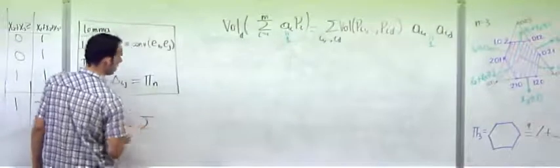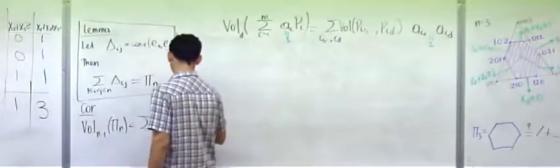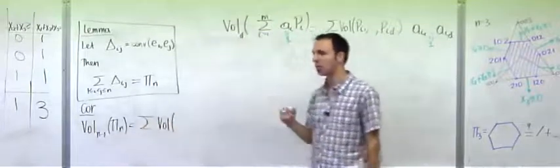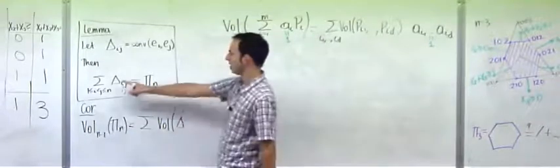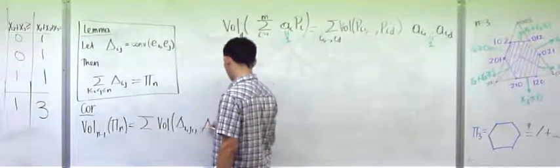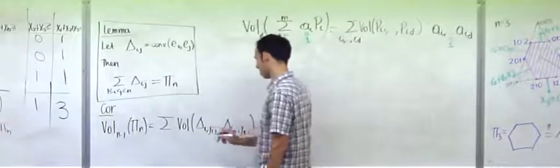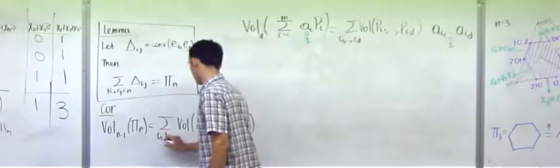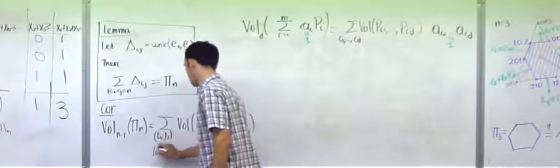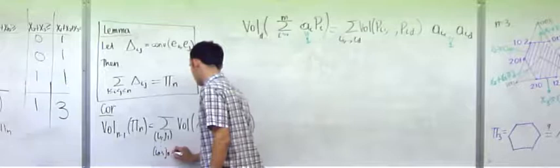So I get the sum of the mixed volumes of every possible, in this case I have n minus 1 things, so I need n minus 1 tuples, of polytopes like this. So that means that I have to choose a delta i1 j1, then a delta i2 j2 up to a delta i_{n-1} j_{n-1}. And I add up over all choices of i1 j1 up to i_{n-1} j_{n-1}.